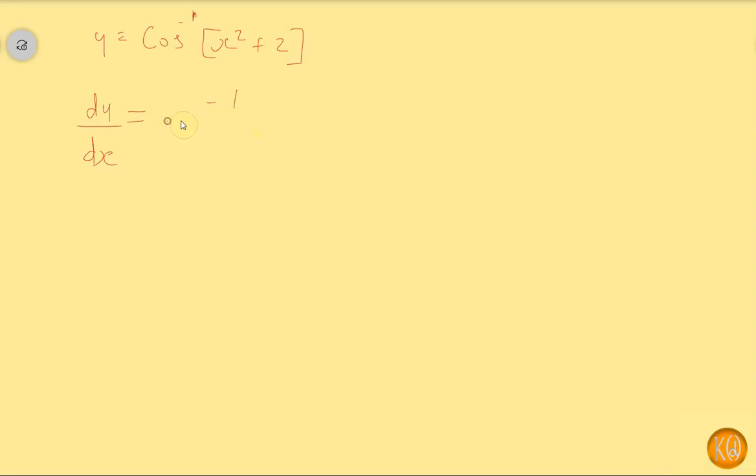-1 over the square root of 1 minus, and now in the standard result, let me write back this d dx of cos inverse of x, that is equal to -1 upon the square root of 1 minus x squared. Good.